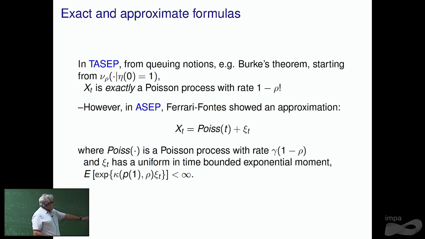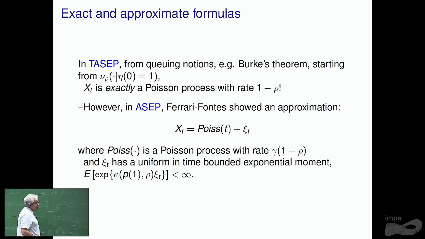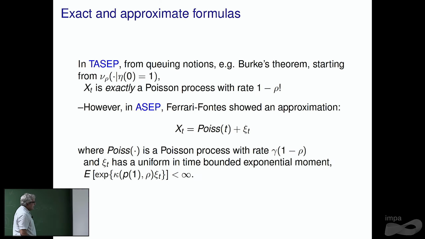In ASEP you don't have the exact distribution of X_t, but Ferrari and Fontes showed a nice approximation. They can approximate the tagged particle position at time t by a Poisson process plus an error, and the error has a very strong exponential moment.